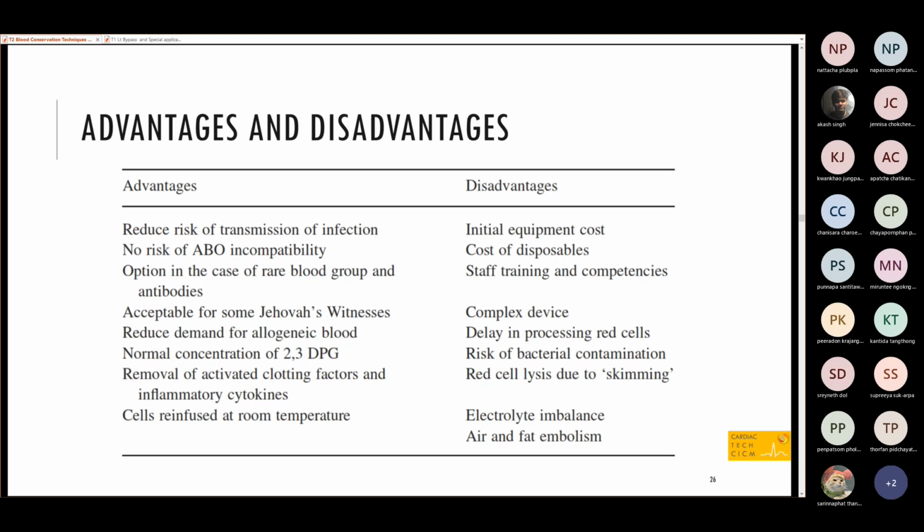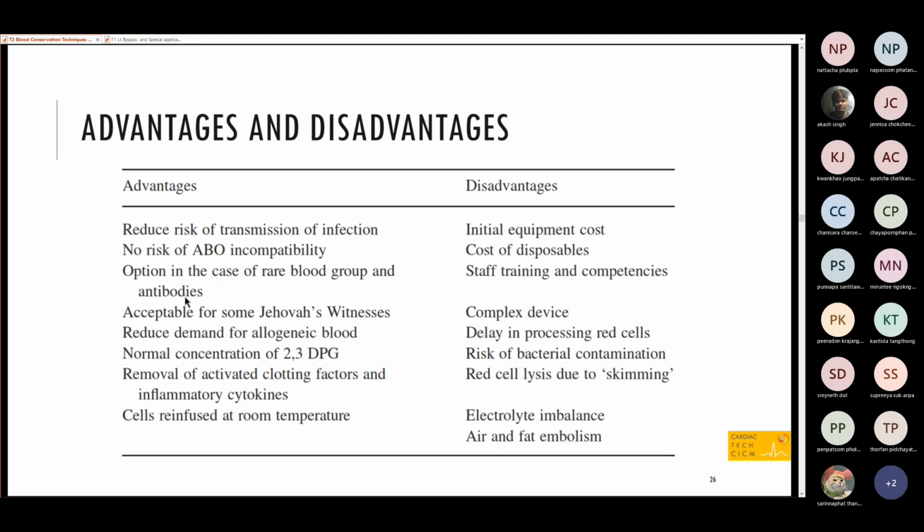And also because it's an extra machine, it is highly contaminating, and there is also hemolysis from the blood pump movement. Electrolyte imbalance, because you're washing by using normal saline, right? So we need to observe for this kind of problem.